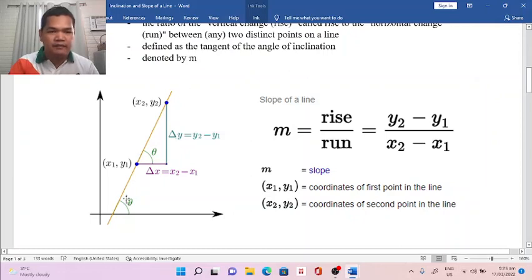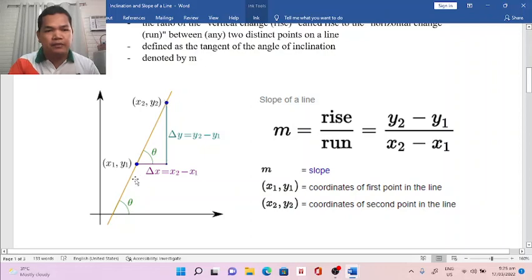So here is the illustration for our slope. As you can see, we have a line, and we have x sub 2, y sub 2, and x sub 1, y sub 1 as the coordinates of the points.